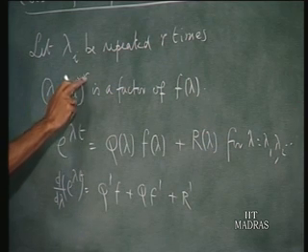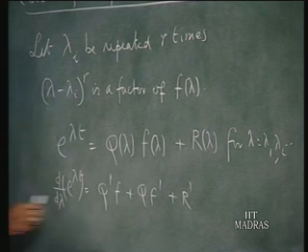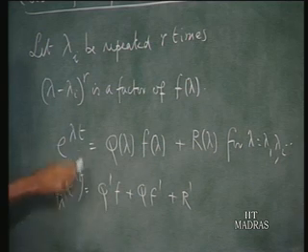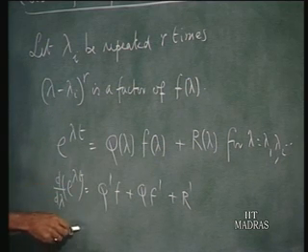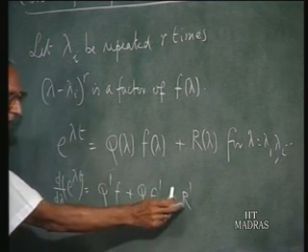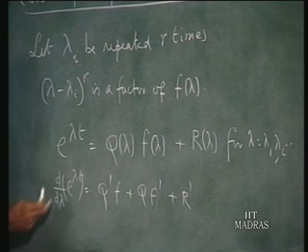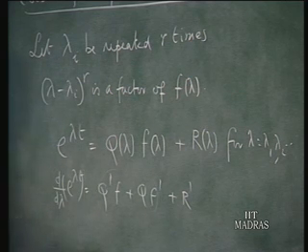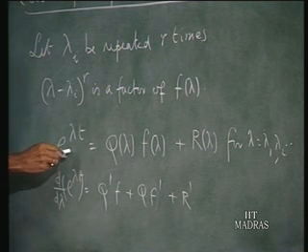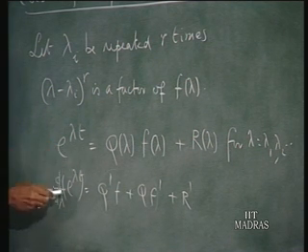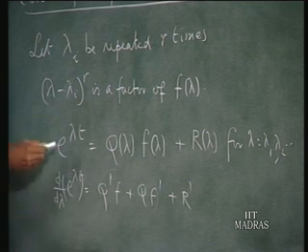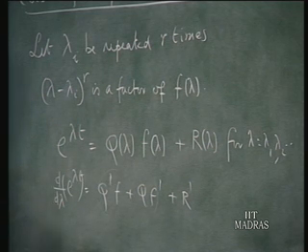Lambda minus lambda I raised to the power of r minus 1 is a factor here. So when you substitute lambda equals lambda I, these terms drop out and you have r prime of lambda I must be equal to d by d lambda of e to the power of lambda t. That means when you substitute here, not only do you get one equation from here, but if you take the derivative, then you also get a second equation.